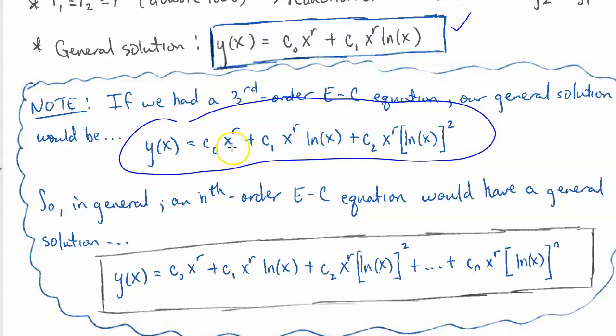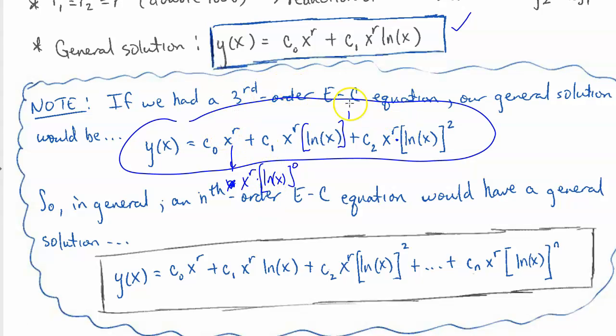You could think of this term as x raised to the r times natural log of x raised to the 0 term. This one could be x raised to the r times natural log of x raised to the 1 term. And this one is x raised to the r times natural log of x raised to the 2.